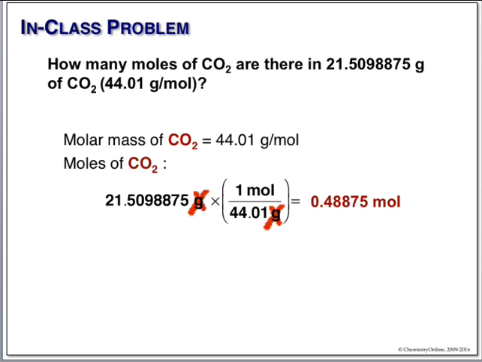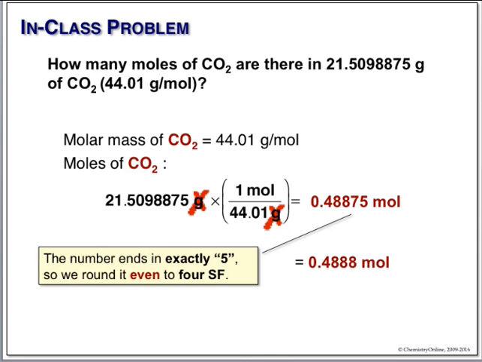Remember the rule? It ends in exactly 5. So how do we round it? Round it even. So 7.5 rounds to 8. If this had been 6.5, it would have rounded to 7. So just remember that rule.